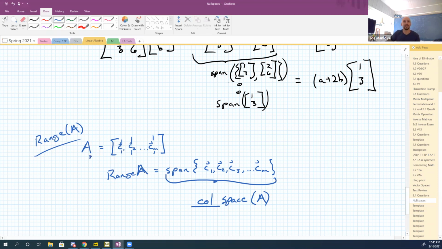So if A is M by N, this is a map from Rn to Rm, right? And the column space, where does the column space live?